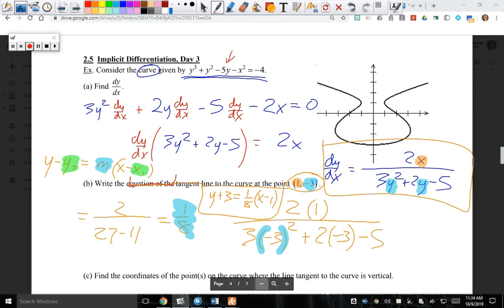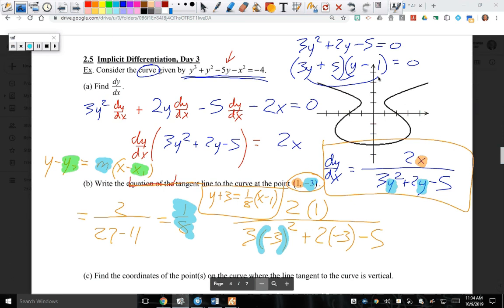So I'll set you up, let you finish it off on your own. You have to find when this is equal to 0. So if we did 3y, y, we have 5 and 1, we could have something that looks like this. It will make the 3y squared happen, it'll make the negative 5 happen, and most important, it'll make the positive 2y happen.